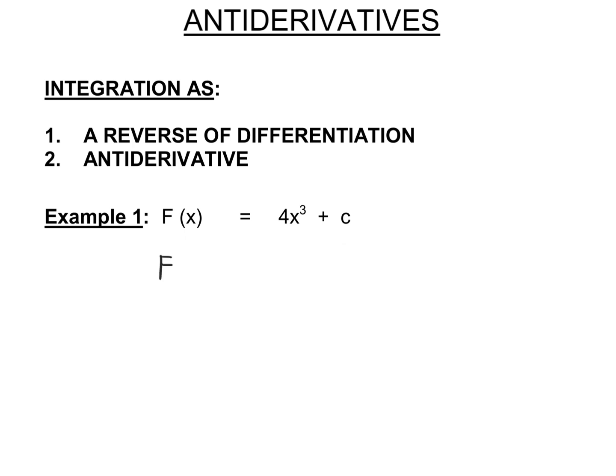So let's find the value of f prime x for this function. Recall the power rule for differentiation. You bring the index to the front, so it will be 12x to the power of 2, and you minus the index by 1. And c is any constant, so by differentiation, the value can be ignored, or you will get 0 for that.